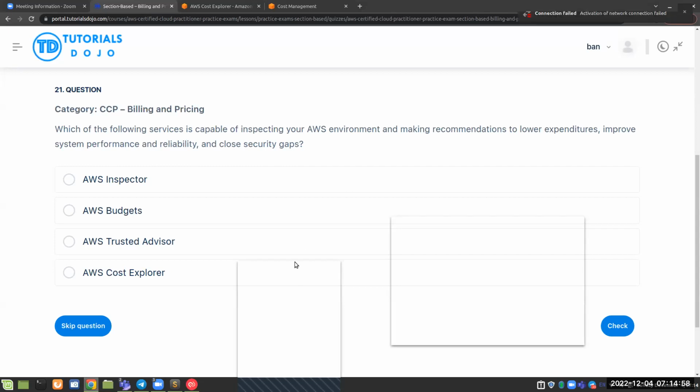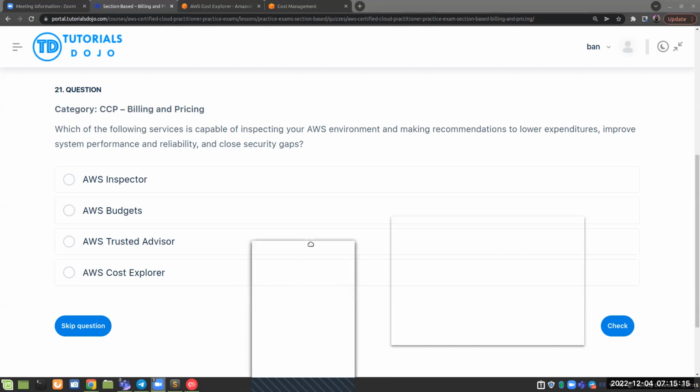So the next question is for you, Leslie. Which of the following services is capable of inspecting your AWS environment and making recommendations to lower expenditures, improve system performance and reliability, and close security gaps? Which one will do that? Will it be Inspector, Budgets, Trusted Advisor, or Cost Explorer?